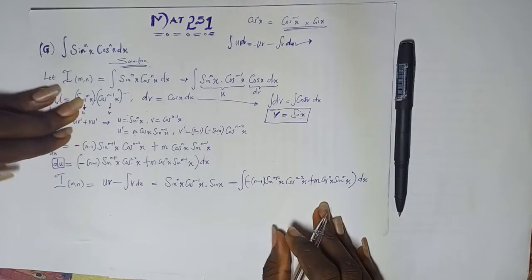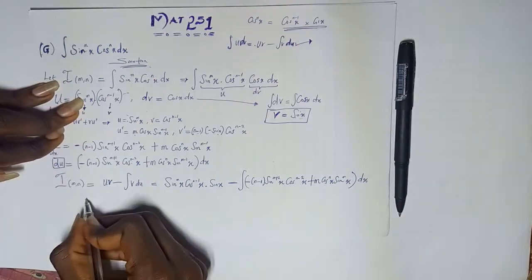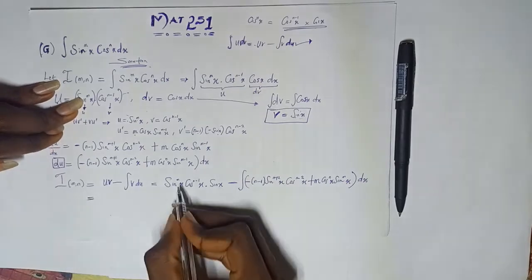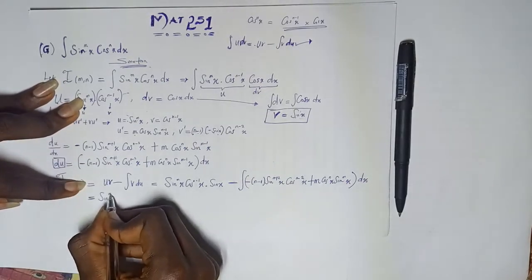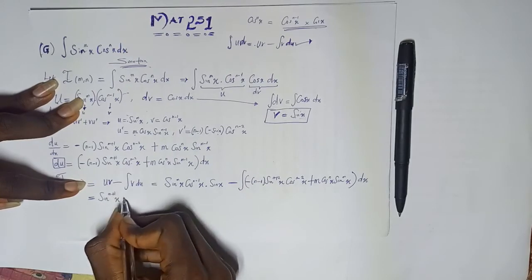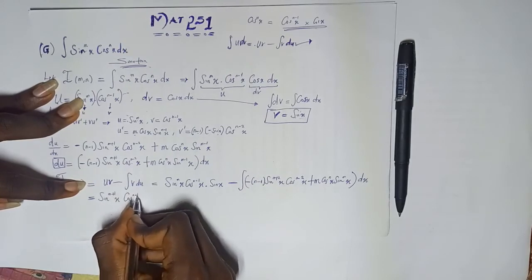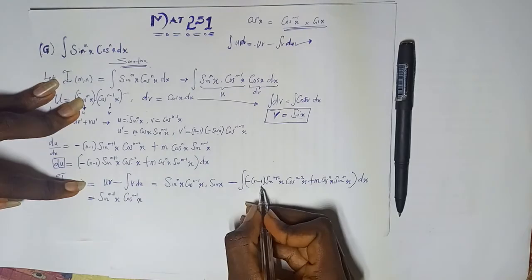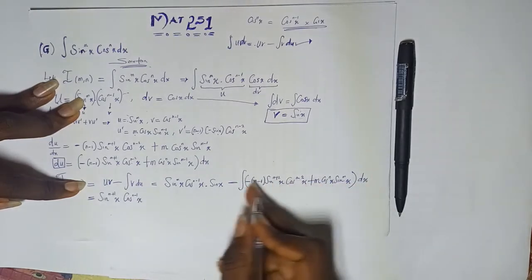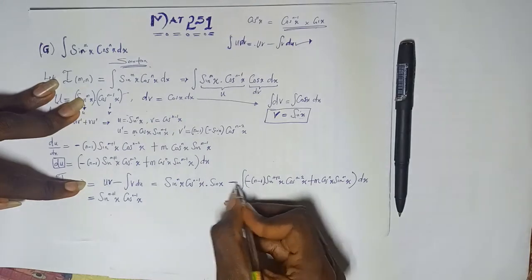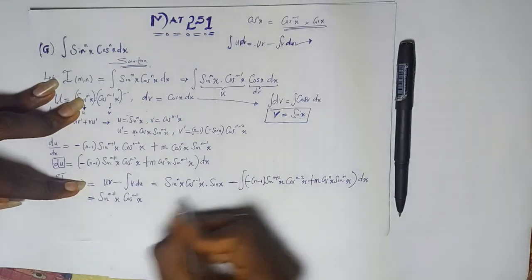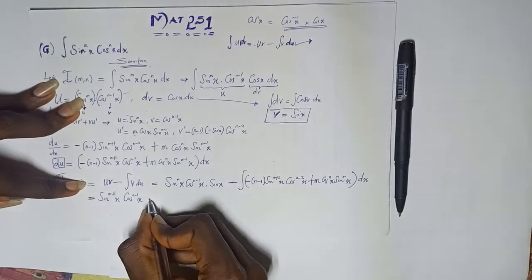So all you just need to do for me is to simplify, break it down. When I continue, if this multiplies this, I have sine of n plus 1 of x cos n minus 1 of x. Then I need to split this up. If I split this, minus times minus, I will end up having a positive sign.